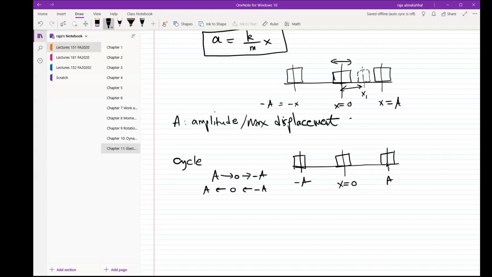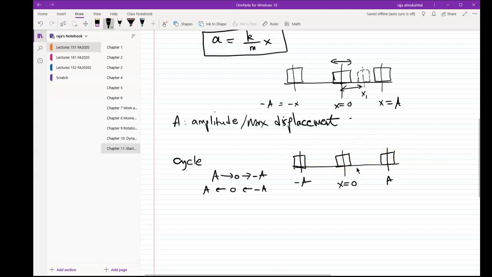You got that? Now, the time it takes the mass to complete one cycle, which means let's say it's starting from A, so it's going to go through x equals 0, all the way to minus A, and then back to x equals 0, and then to x equals A. This is called one cycle.